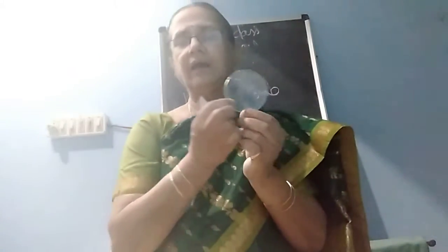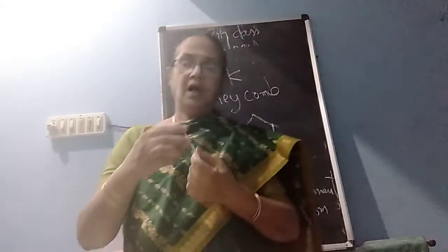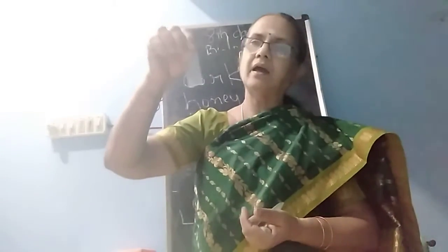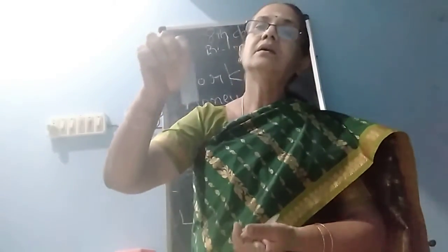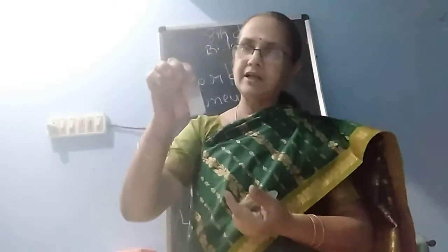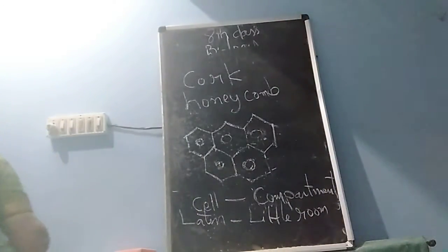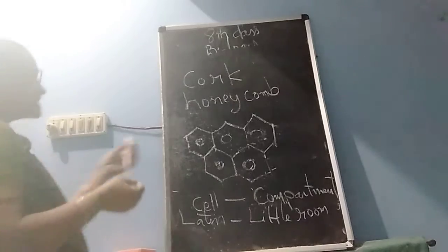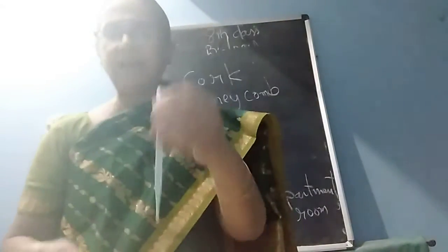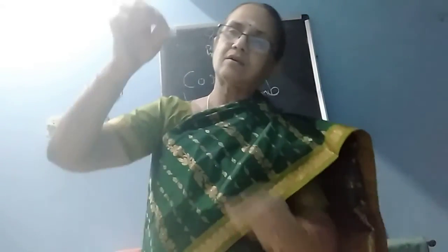This is called a glass slide. This is called a dropper. And this is called a cover slip.